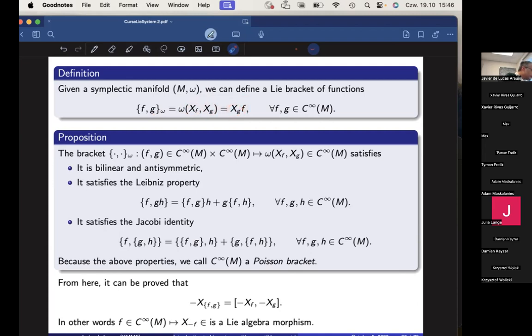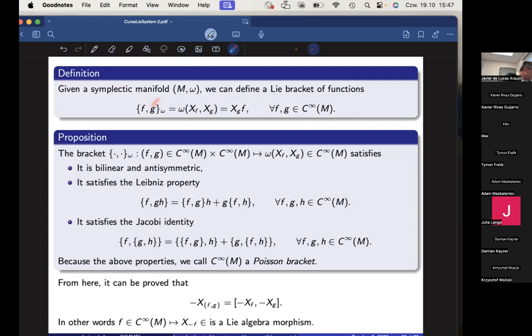Sometimes this is written with j and h; there are certain changes in the definition, but essentially this is the way of defining a Poisson bracket. This bracket is antisymmetric because, since omega is antisymmetric, when you change the order, it changes the sign. It can be proved also that this is a derivation in each factor.